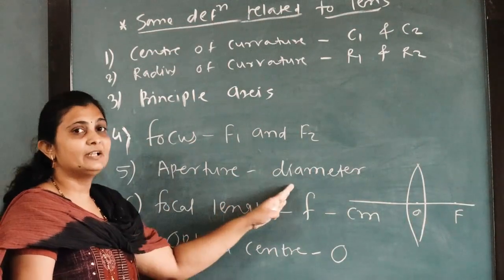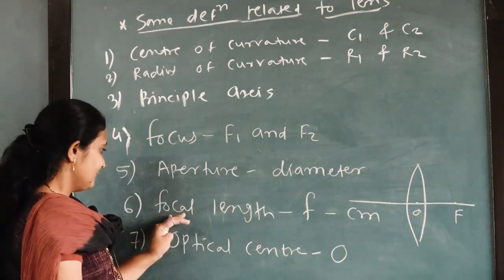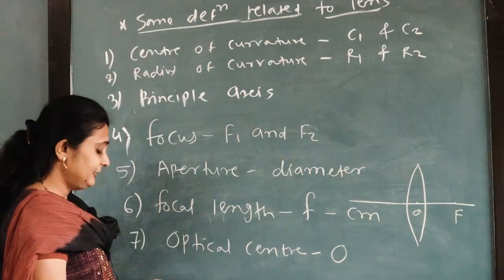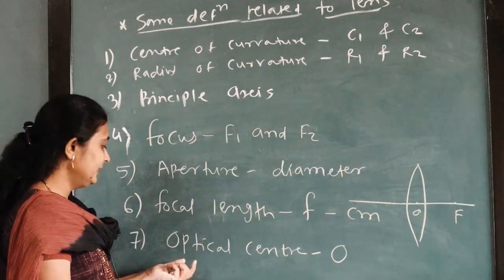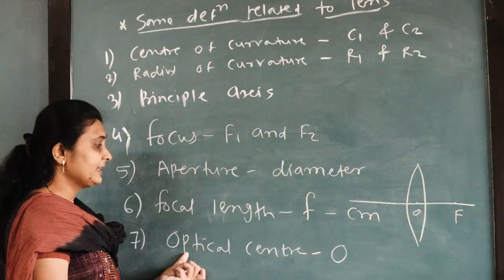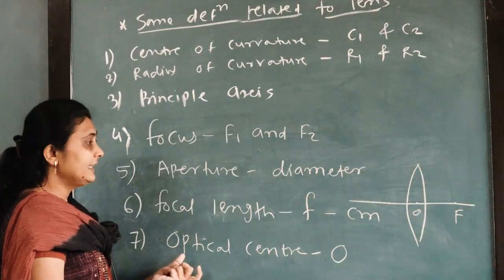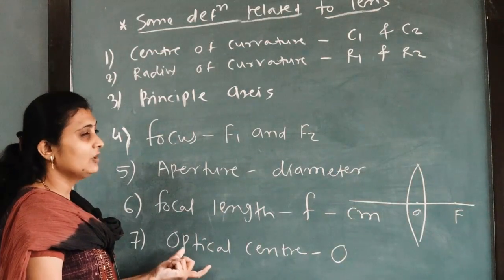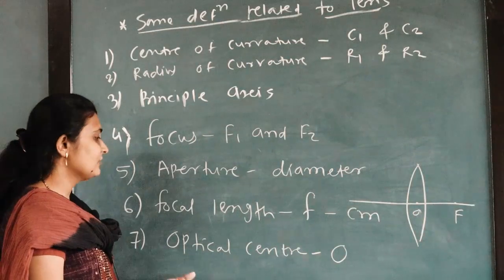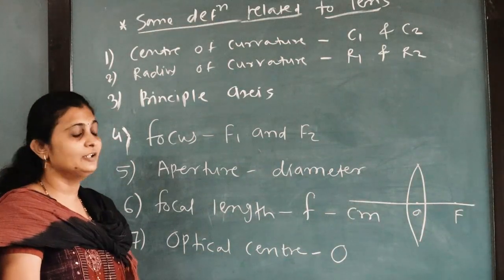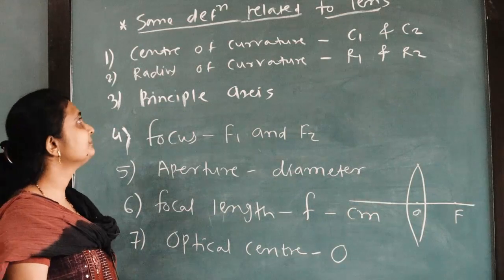Aperture, it is the diameter of the refracting surface. Focal length, the distance between optical center and focus point. And last definition, optical center, the center of the lens or center of the refracting surface, it is called the optical center, denoted by the letter O.